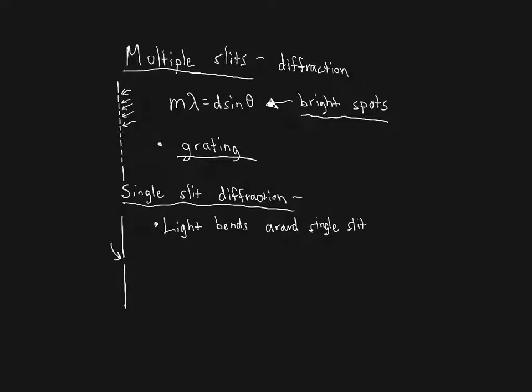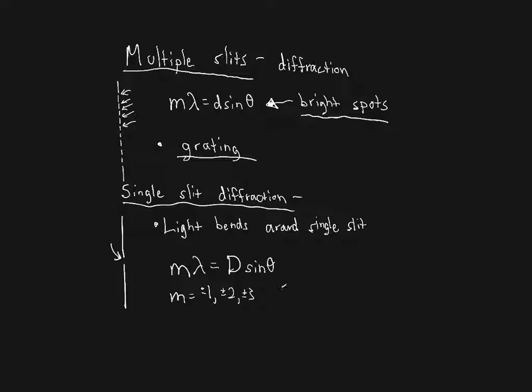Now, in single slit diffraction, I use a different equation. I use the equation m times lambda equals D sine theta. So you'll be tempted to think that this is exactly the same as the multiple slit equation. They look very, very similar. But in this case, our m's are orders, and they're equal to above and below, positive and negative 1, positive and negative 2, positive and negative 3.